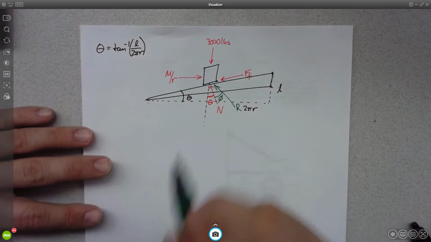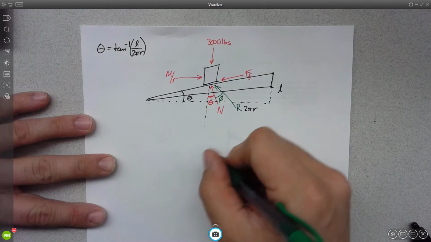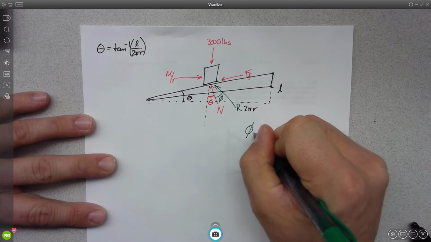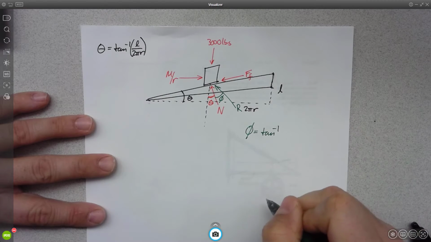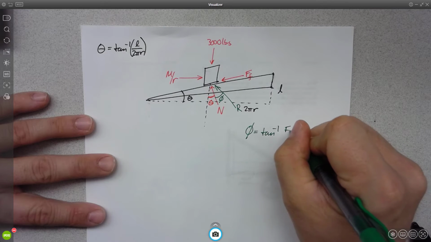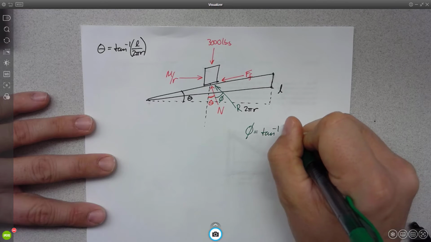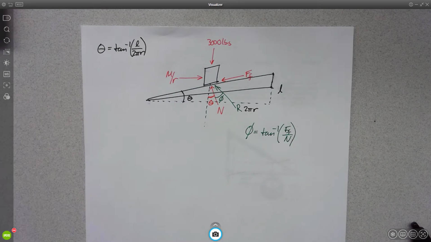And looking at this, we could see that the angle phi is going to be equal to the inverse tangent of the force of friction over the normal. You all right with that?